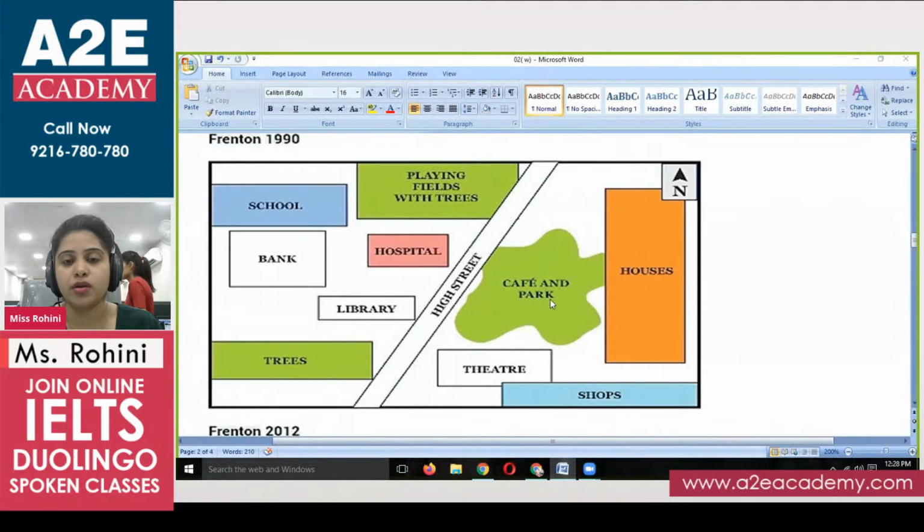Cafe and park was there. There is no location of flats. Only houses you can see at northeast side. Shops has been converted into supermarkets, and theater has been converted or modified into cinema. Okay, so by this way you can explain your BP2.